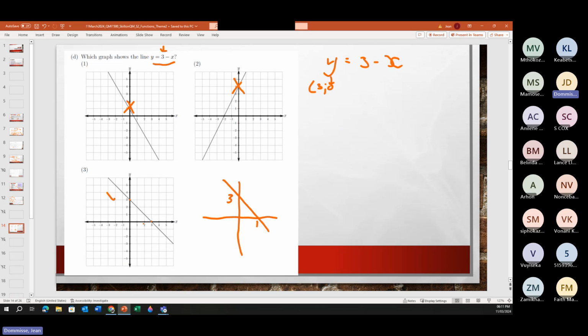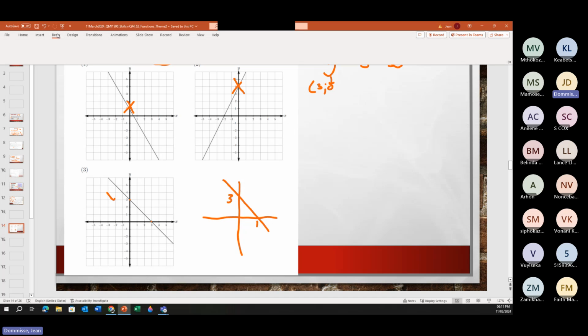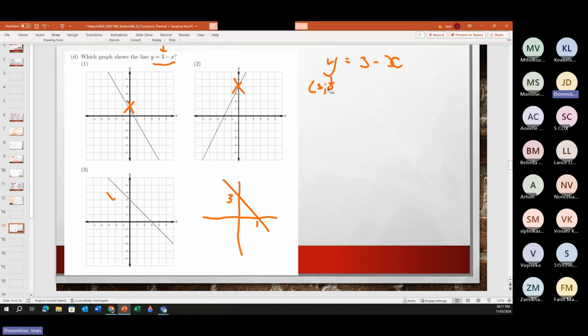We assume it is 0, but let's work it out. If I put in x is equal to 3, what do we get? 3 minus 3 is 0, and I can see, yes, it is 0 because it is on that line, so that point is correct.